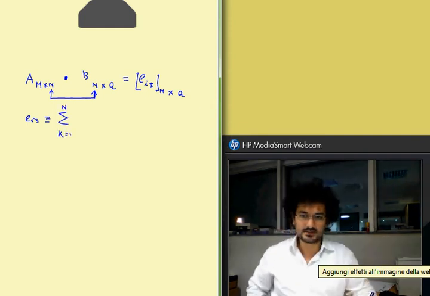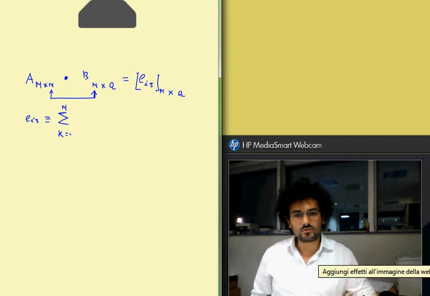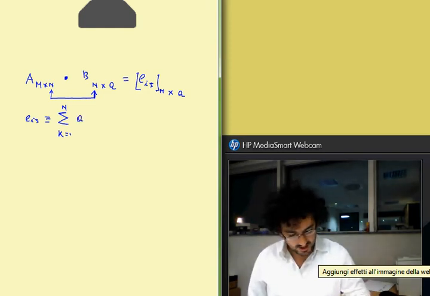Remember, n is the number of columns of matrix A, but is also the number of rows of matrix B.